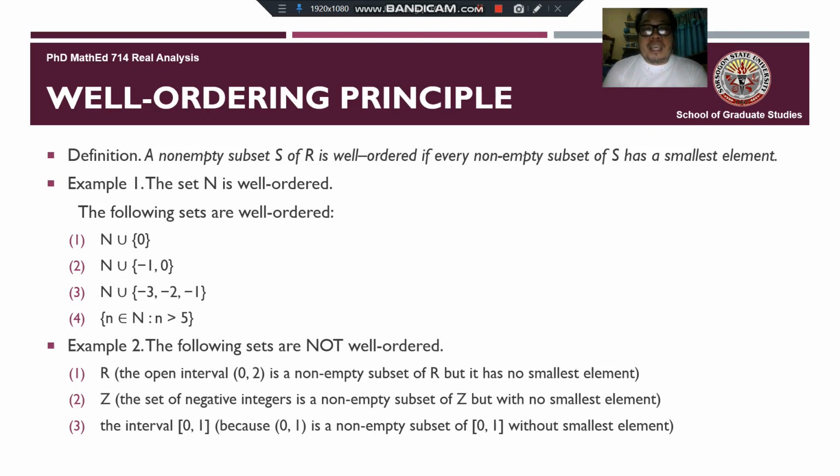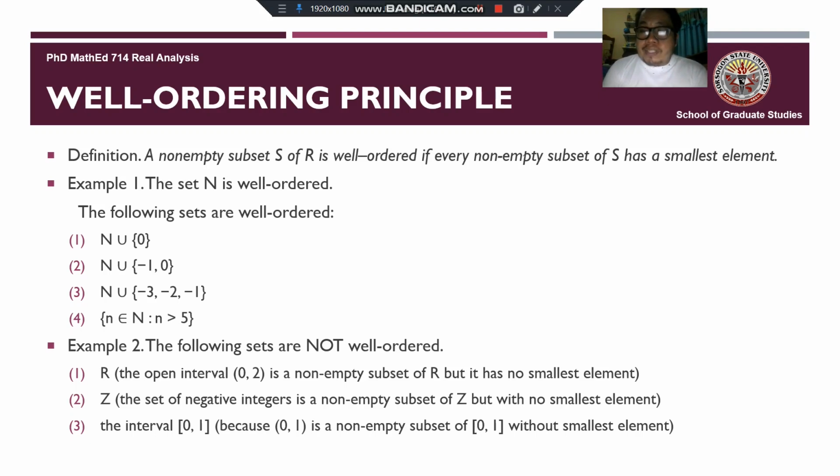So it contains the smallest element, or we can easily identify the smallest element, which is positive 1, or simply 1, as an element of the set of natural numbers. So that is the reason why it is considered well ordered.